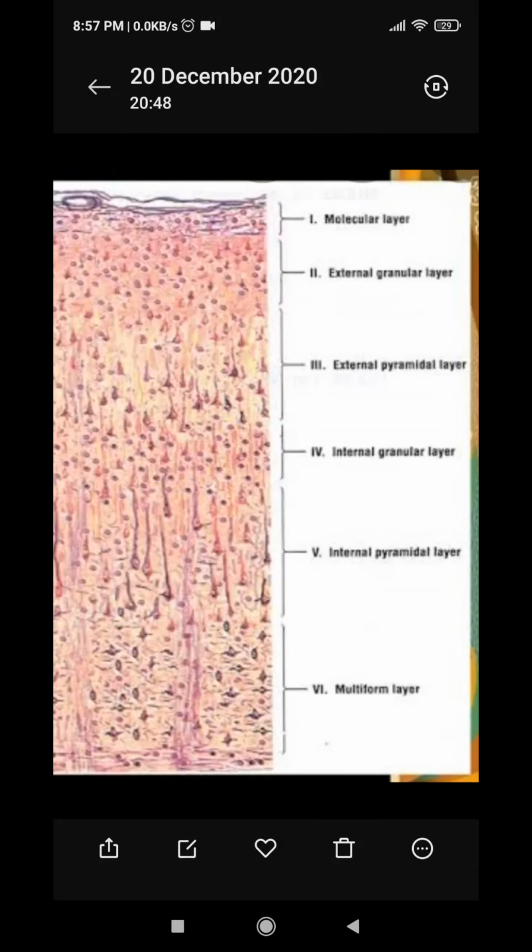The cerebral cortex consists of 6 layers of cells and fibers which are superimposed on one another. Now these layers can be easily identified in a stained tissue section which has been cut perpendicular to the cortical surface. The 6 cortical layers from superficial to deep are: number 1 is the molecular layer.